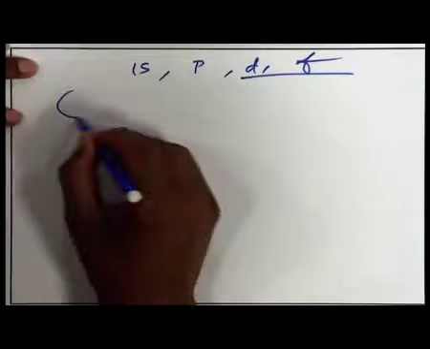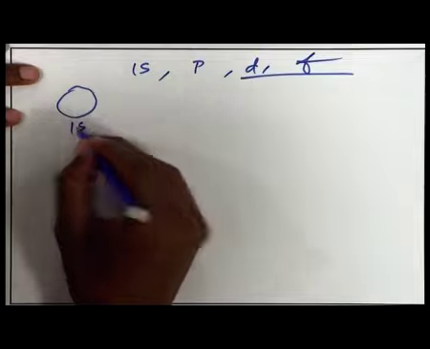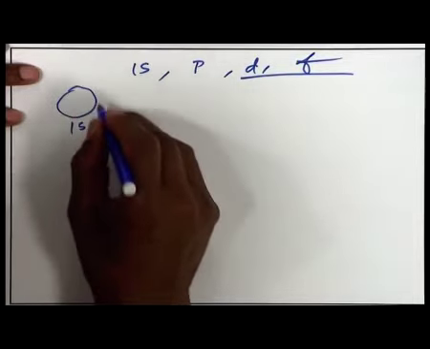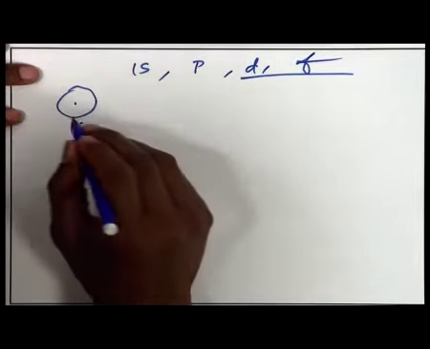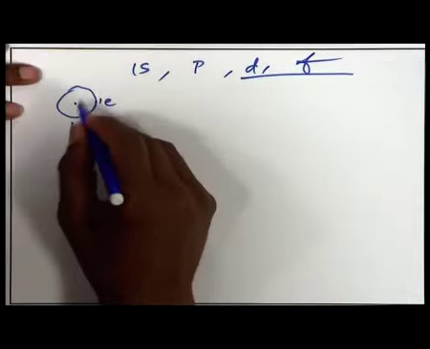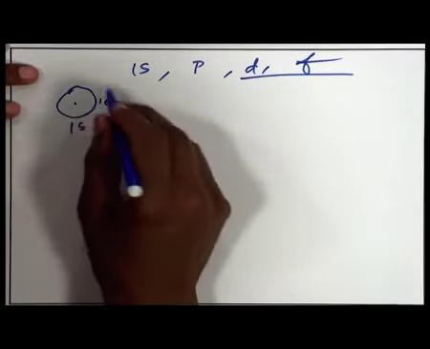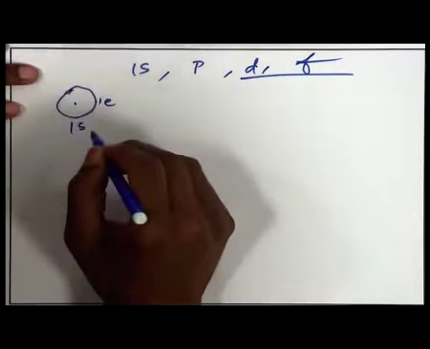You have a 1s orbital. Hydrogen has a 1s orbital with one electron. This is the center of the nucleus, and you have 1 electron. This is a 1s orbital, and for the hydrogen atom the 1s orbital is spherical.